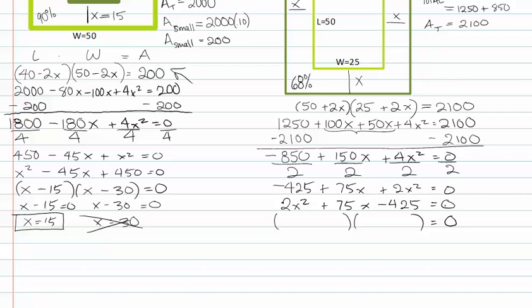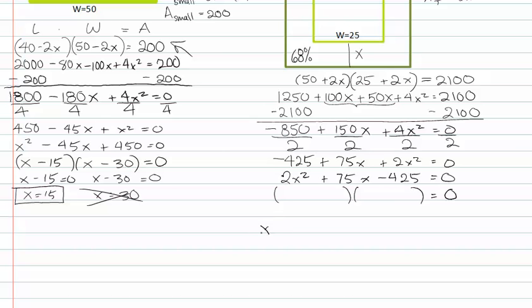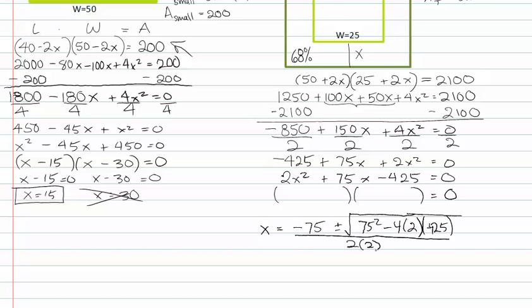This is not going to be easy to factor using just regular old factoring tricks. So we're going to use the quadratic formula. x is equal to negative b plus or minus the square root of b squared minus 4 times a times c, all over 2a.